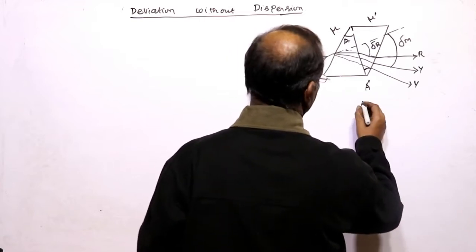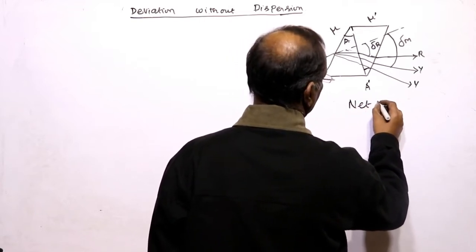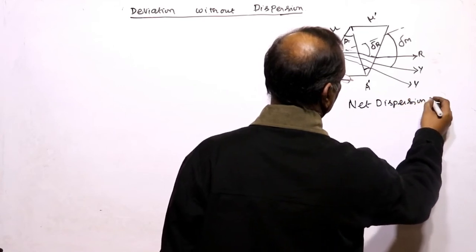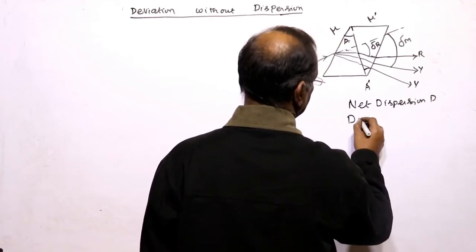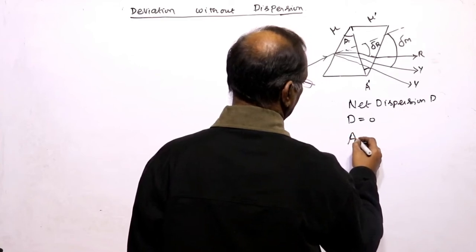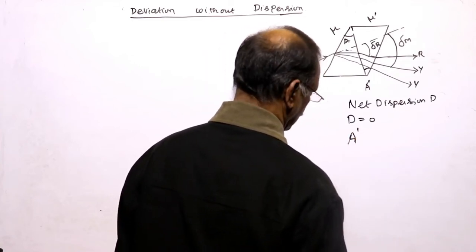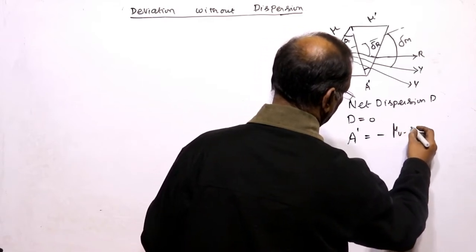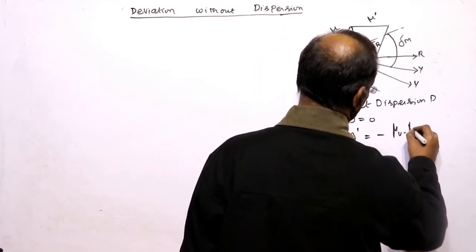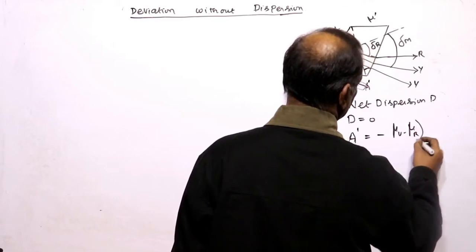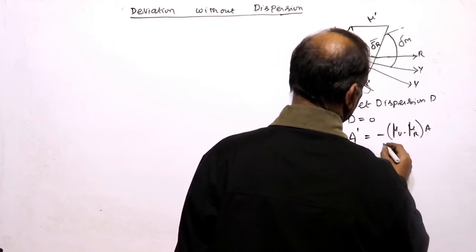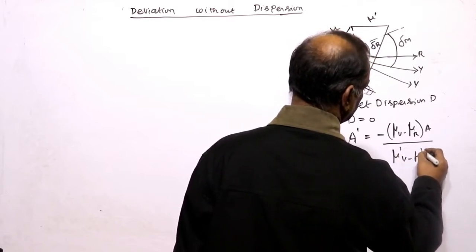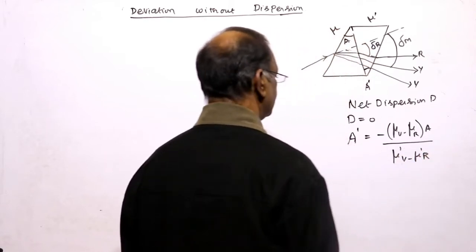With net dispersion D equal to 0, we got the angle of the second prism equal to minus mu violet minus mu red into A divided by mu dash violet minus mu dash red for the second prism.